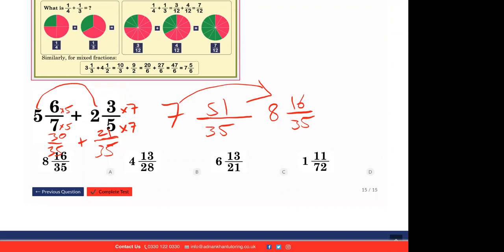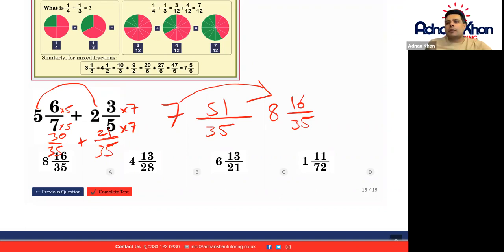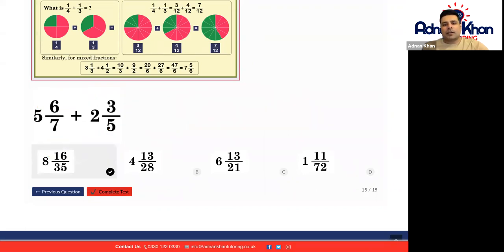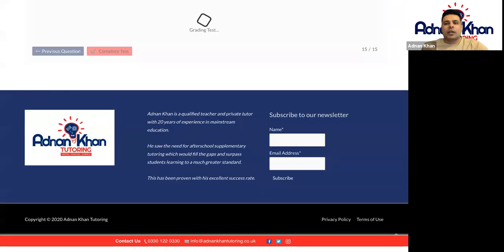Because 51 is more than 35, which is the denominator, 35 goes into 51 once, so the 35 adds up to a whole, and then the remainder goes as the numerator. That's right. You add that 1 to 7 to make 8. And whatever the remainder is, you put that on the top, which is 16, and the denominator stays the same as 35. So 8 and 16/35, so option A is the correct answer. Well done.